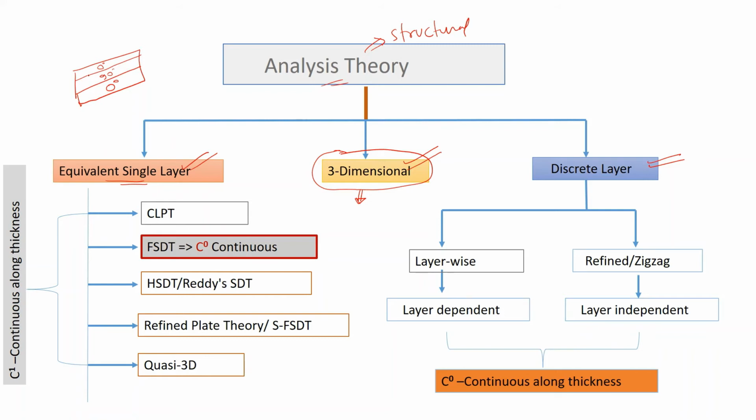These three different lamina become one complete laminate. In 3D, this will be the three-dimensional view of the plate, and this will be the direction of the fibers.